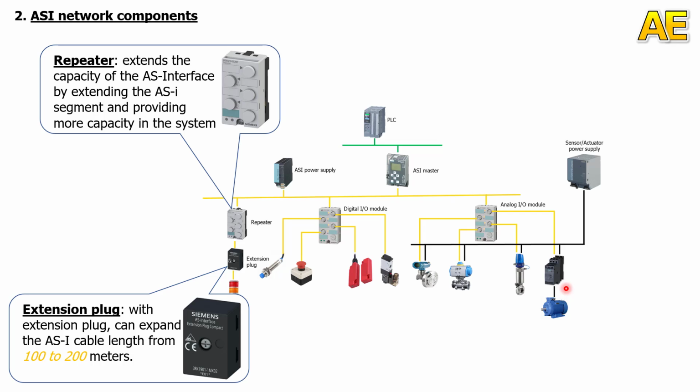The extension block is a passive component and is connected to the part of the ASi network from the power unit. Only one power unit is required to power the slaves on up to a 200 meter long segment.